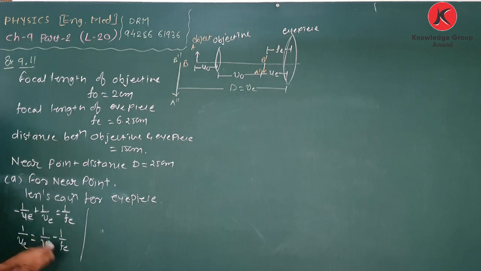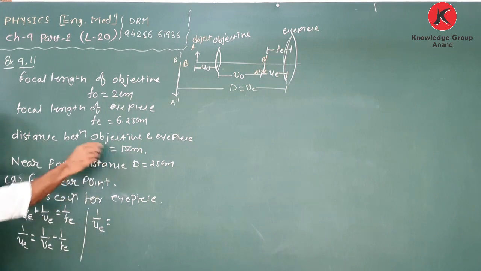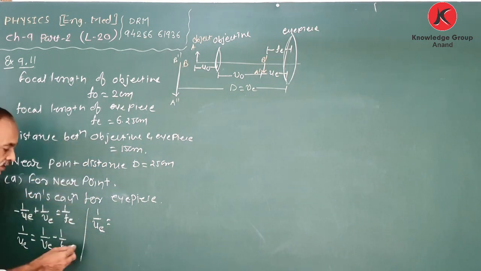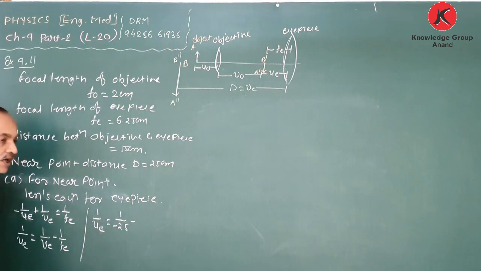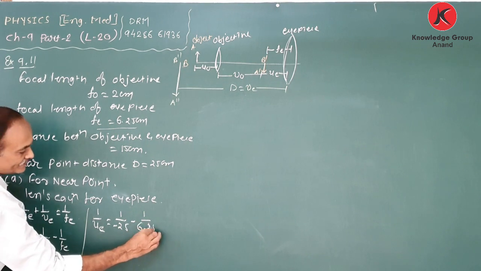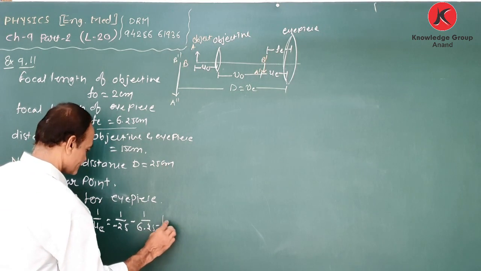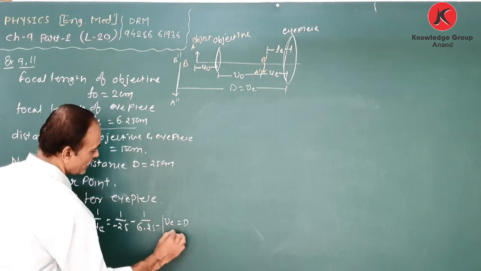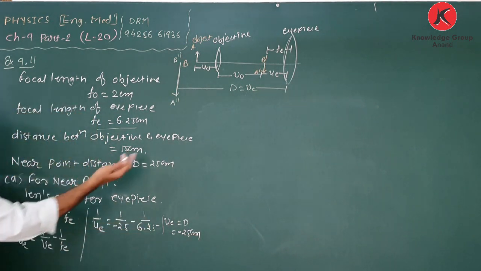Substitute the values. 1 upon UE is equal to 1 upon V, and V is our D, which is negative. Therefore 1 upon minus 25 minus 1 upon 6.25, the focal length of the eyepiece that is given. Here we are using this concept: V is equal to D is equal to minus 25 centimeter, because the image is obtained on the same side.